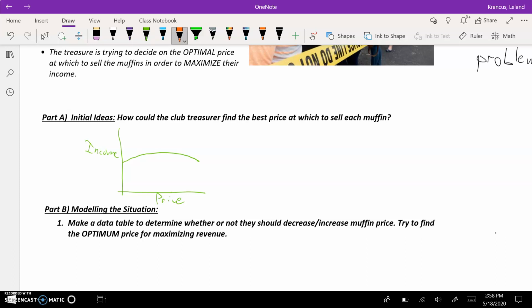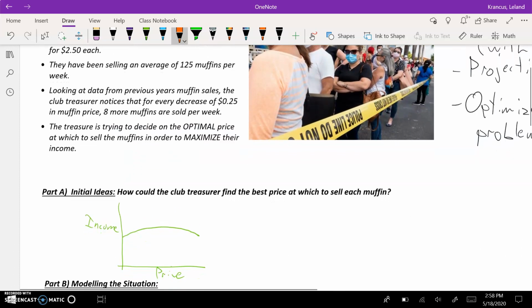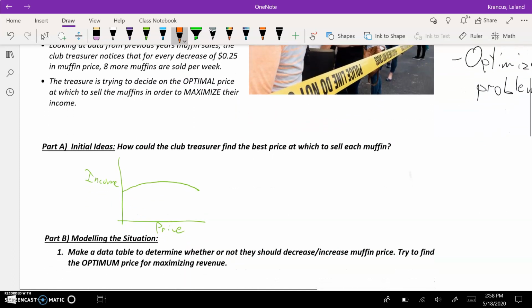And so the question is, if right now they're selling them for $2.50 each, selling an average of 125 per week, are they on this side or this side, or are they already at that sweet spot?